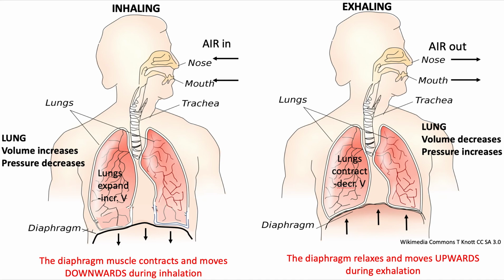Air pressure at the atmospheric pressure is now greater, and so travels into the lungs. When you exhale, the diaphragm relaxes, moves back upwards, the lungs contract, there's a decrease in volume, so the pressure inside the lungs increases. It's greater than the air pressure outside, so air is now exhaled.